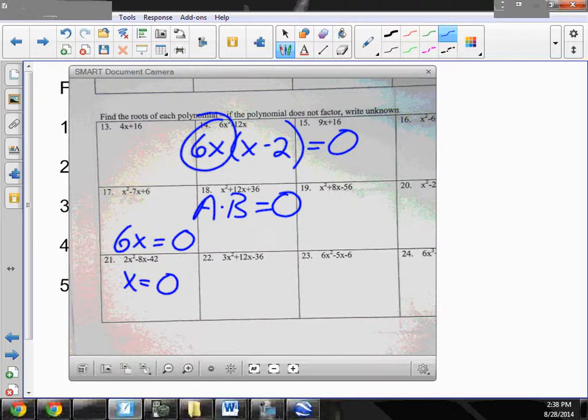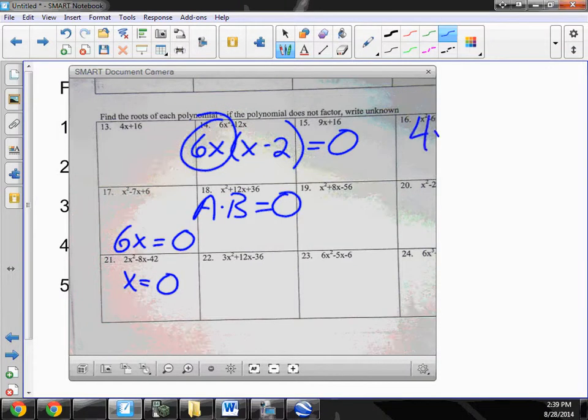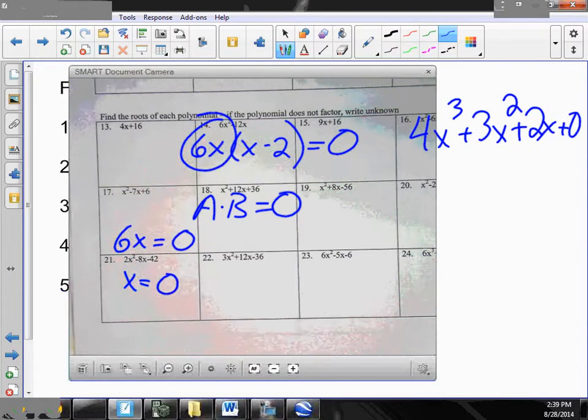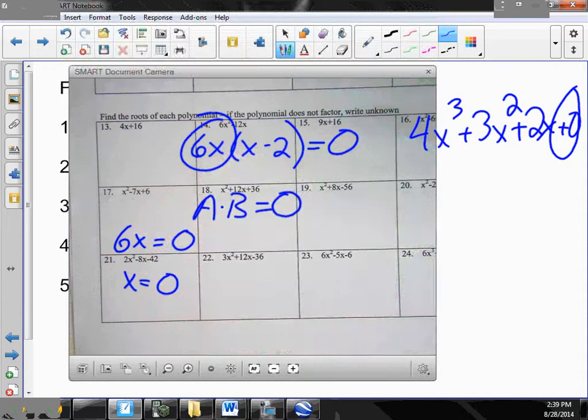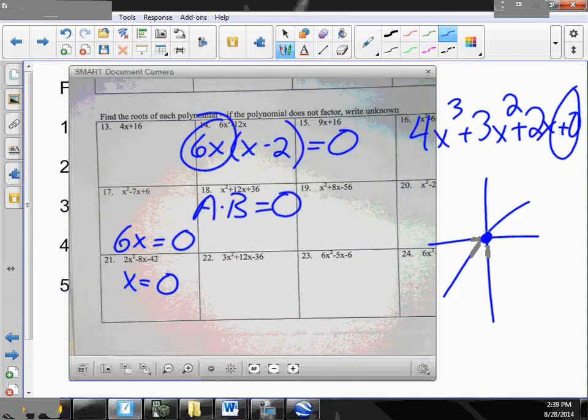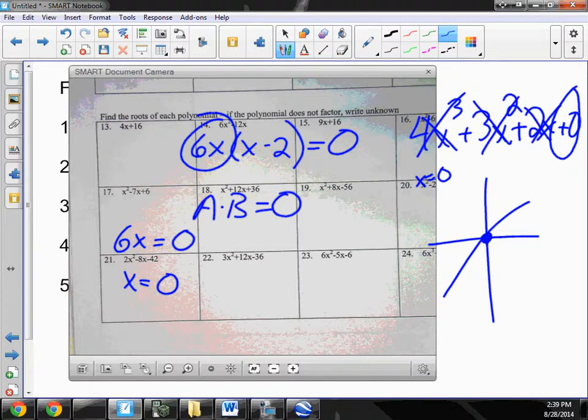Because it's saying that the initial value is 0. Right? So if I add 4x to the third plus 3x squared plus 2x plus 0, this number is the y-intercept, right? So it has to cross right there. Because if I plug in x equals 0, that gets killed, this gets killed, and that gets killed, and we're left with 0.